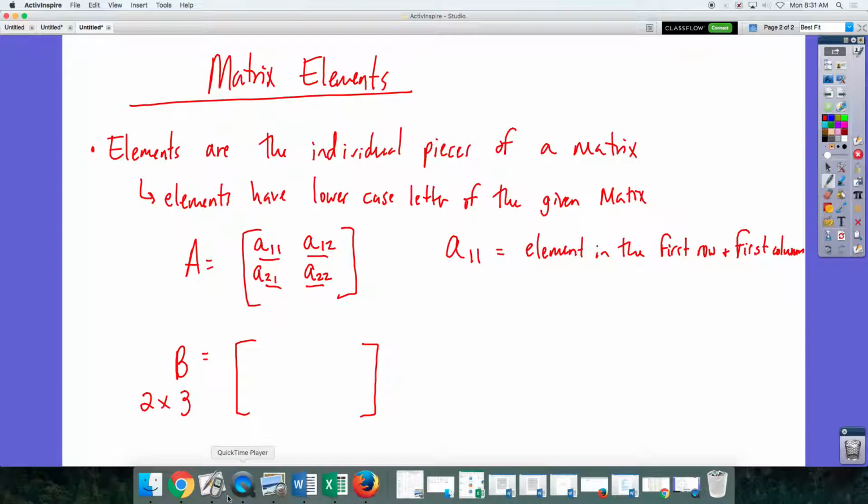And I want you to fill in a 2 by 3. Make sure you're understanding the difference between rows and columns.